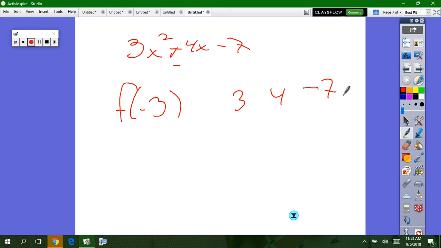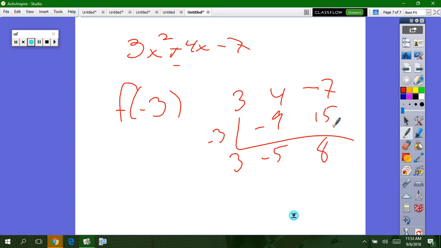To me, that's faster than having to plug it in. You guys agree? And that's what the remainder theorem says: whatever your remainder is, that is the value of putting it into the function.